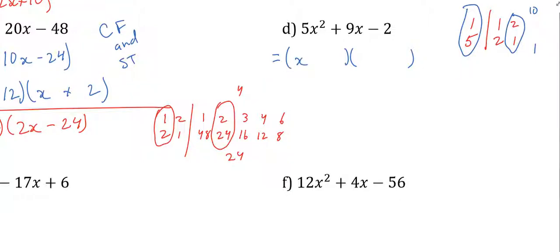Yes? If we used 1 and 5 and 2 and 1, but in the other order, so that it was 2x take away 1, it wouldn't work. There's nothing else that will work. You try it later, maybe not right now, and expand it, and you'll see that it won't work.